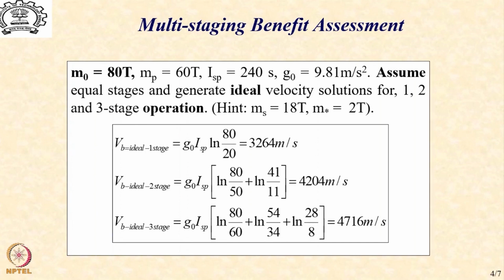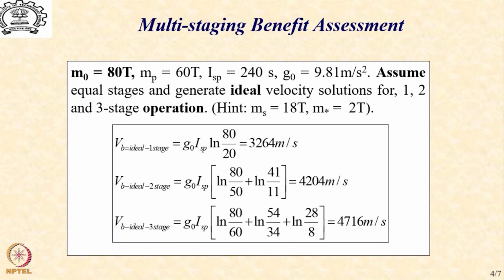And now, using the same strategy that we have done in the two stage, we remove 6 tons from 60 tons so that we start only with 54 tons, burn another 20 tons of propellant and reach 34 tons at the end of second stage, and then remove another 6 tons from this 34 and start with 28 tons for the third stage operation, which ends up at the end of the mission as 8 tons, of which 2 ton is the payload and 6 ton is the shell.